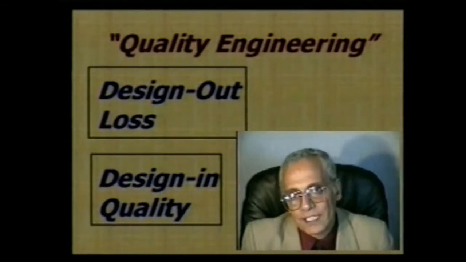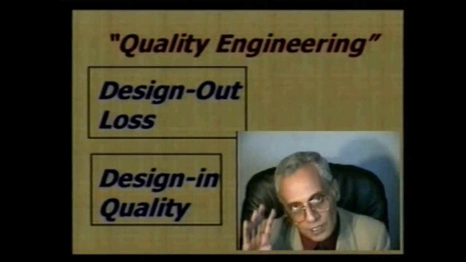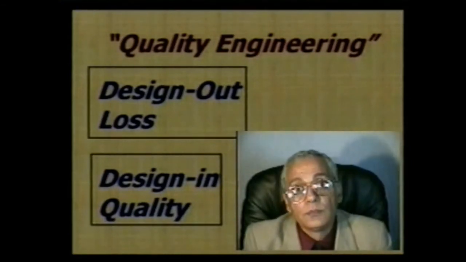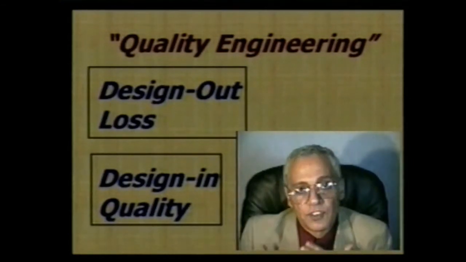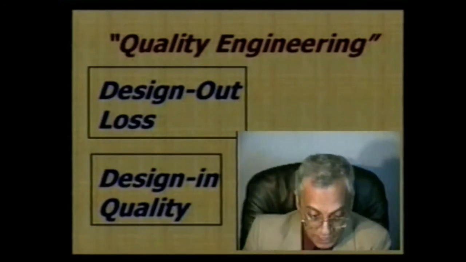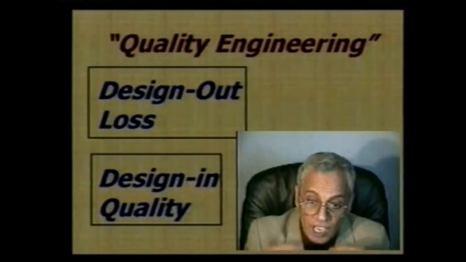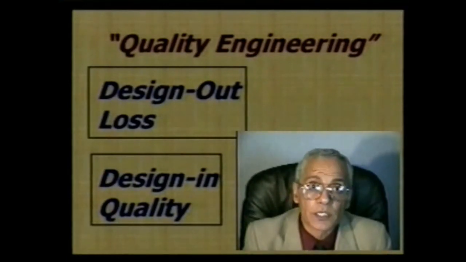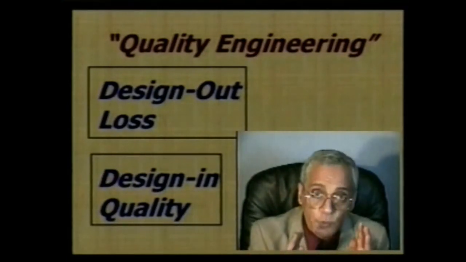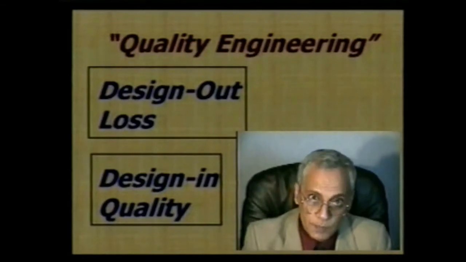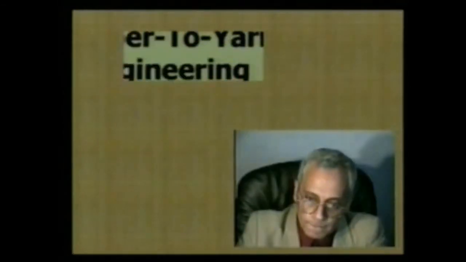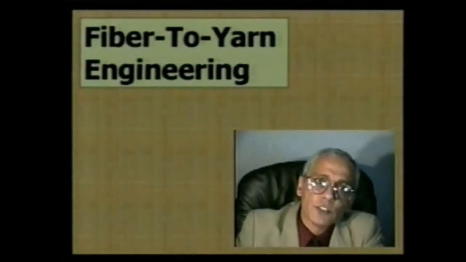As you seek ways to make your product consistently variable, not chaotically variable, then you're designing in quality. And as you design out loss and design in quality, the margin of profit will certainly improve a great deal.